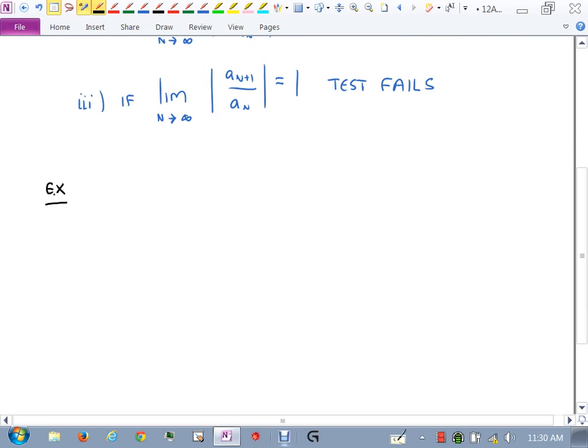Let's find the sum from n equals 1 to infinity of -1 to the n times n squared over 4 to the n.